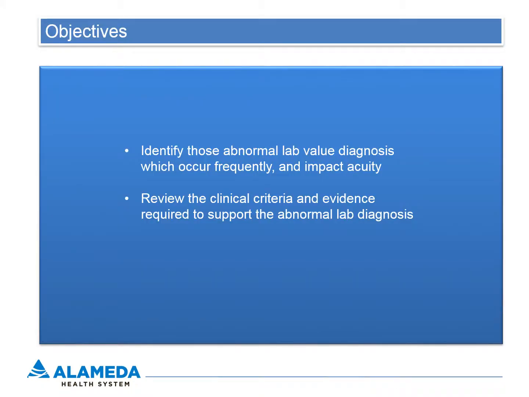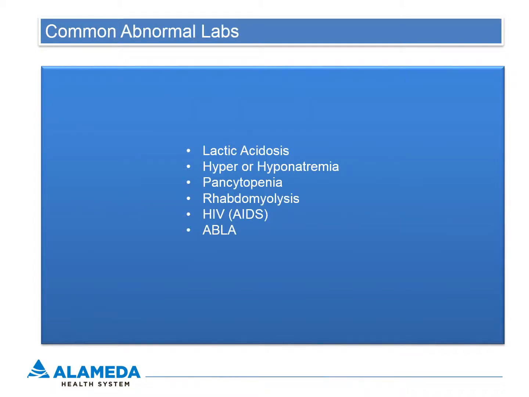The objectives of this session are to identify those abnormal lab values that are diagnoses which occur frequently and will impact patient acuity. We will review the clinical criteria and the evidence required to support the abnormal lab diagnosis. Some of these diagnoses are very important comorbidities or major comorbidities that do impact the patient acuity.